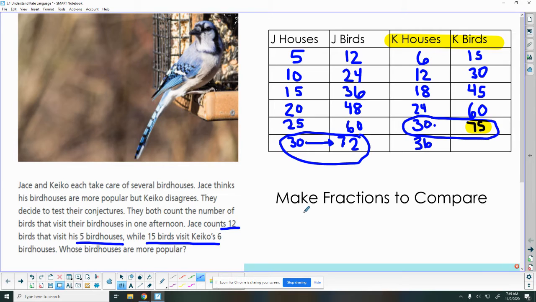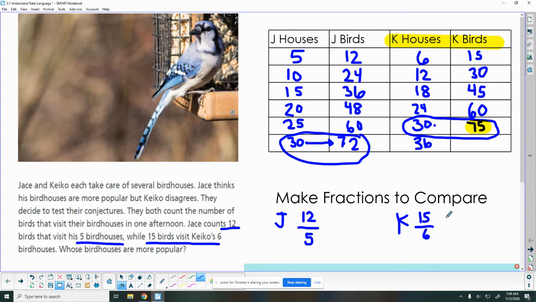I'm going to put a J out here so I can remember. Jace had 12 birds that came to his 5 birdhouses. And Kiko had 15 birds that came to her 6 birdhouses.